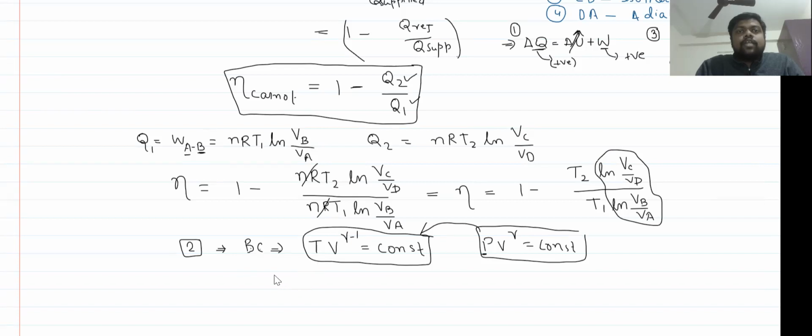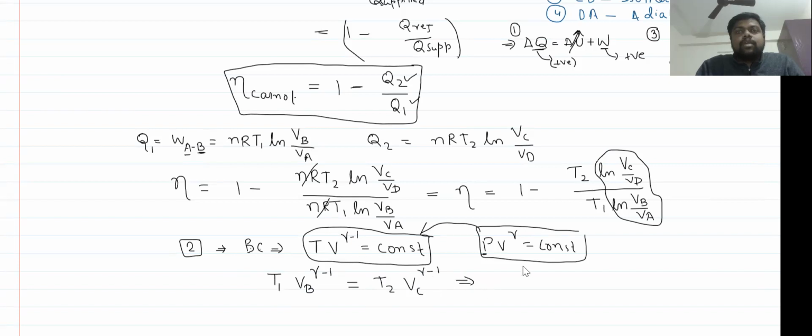So you can write initial temperature is T1 and initial volume is Vb, so T1 Vb to the power gamma minus 1 is equal to T2, the final temperature, into Vc, the final volume, to the power gamma minus 1.